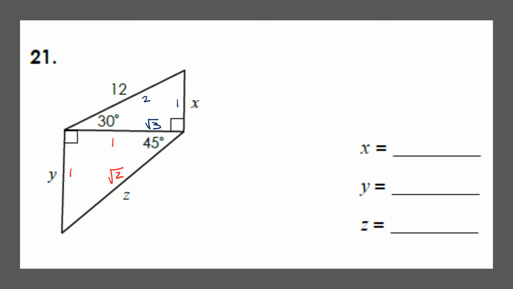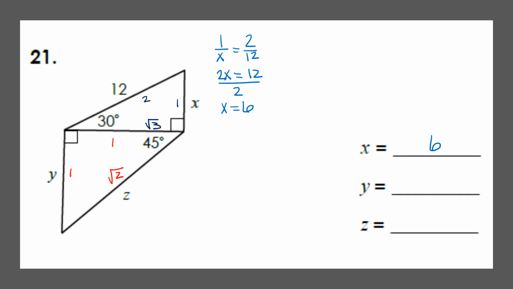So I think I'm going to have to start with the 30, 60, 90 and find its measurements. I'm going to switch to a little lighter blue here. So for the x, I'd do 1 over x equals 2 over 12. Cross multiply and I'd have 2x equals 12. Divide everything by the 2 and I'd get that x equals 6. So I found my x.